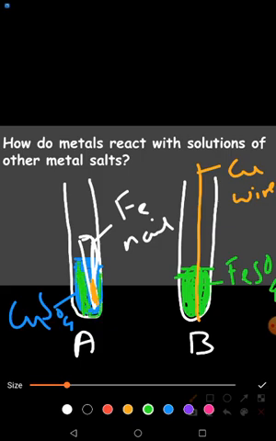Just making you understand: remember, initially copper sulfate is a blue color solution. So when the iron nail is dropped into it, a reaction takes place, and because of that copper gets deposited at the tip of the iron nail and the solution which was blue in color becomes green in color. And in test tube B you will not find any reaction taking place.